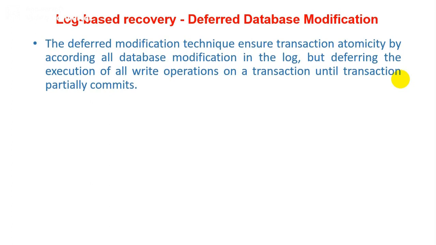So guys, there are two different concepts which we are learning in today's video lecture: one is deferred database modification, and the second one is immediate database modification. Guys, it is really important to understand what is deferred and what is immediate database modification.